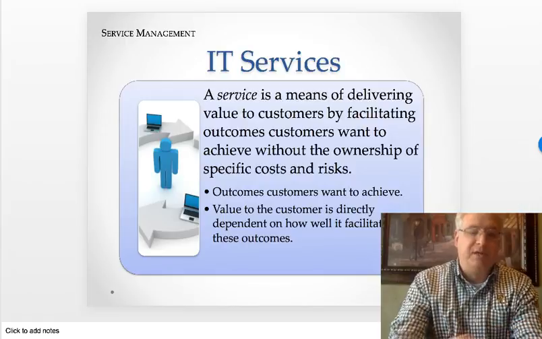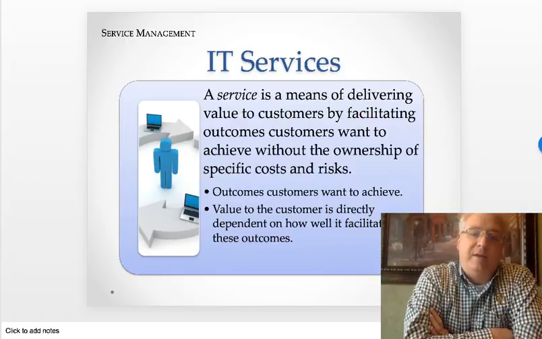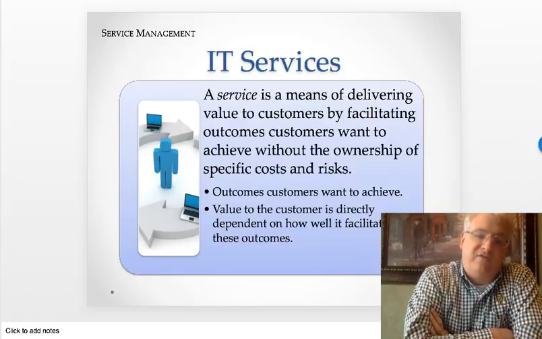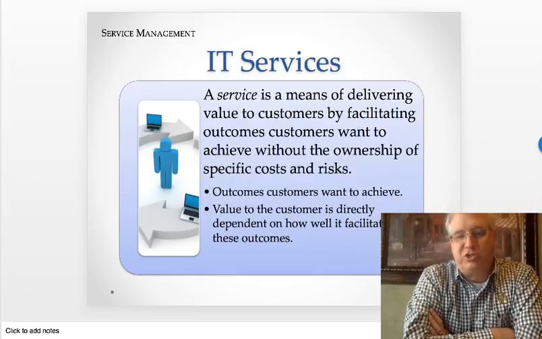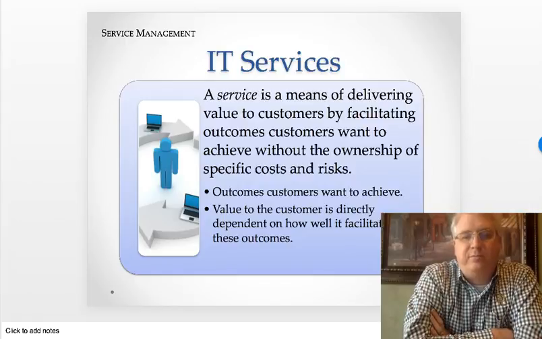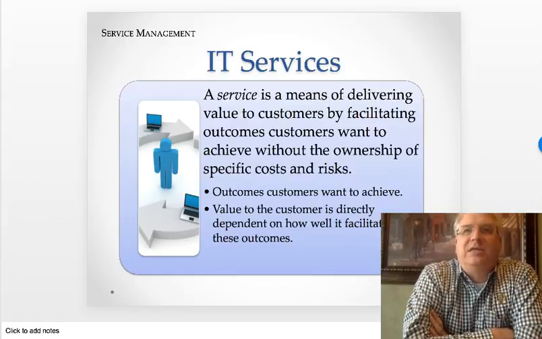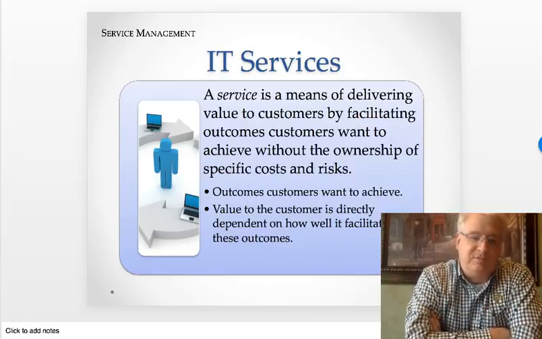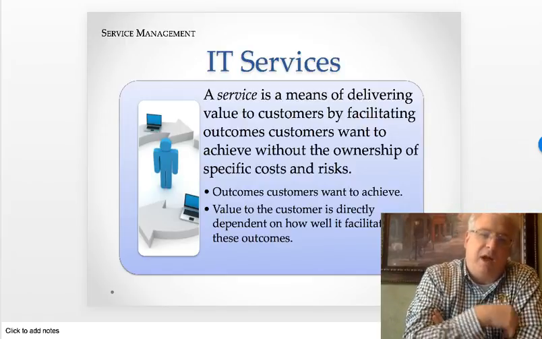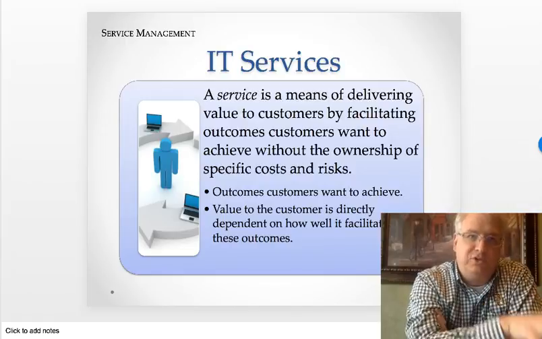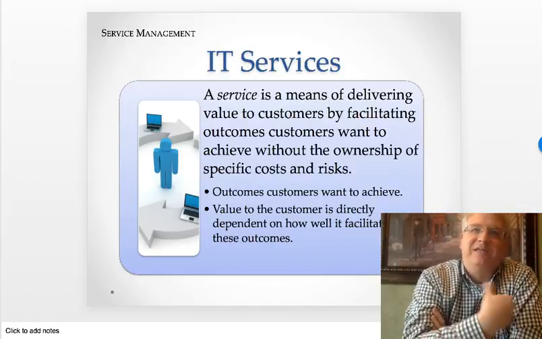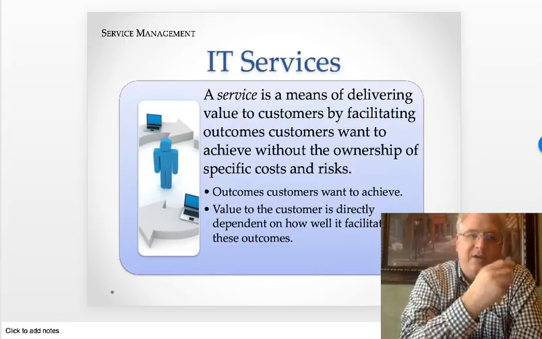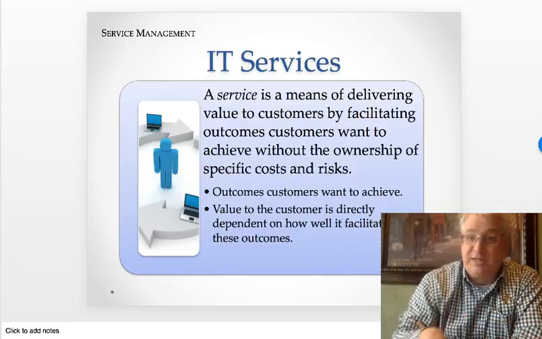Something interesting about this concept of value is that value is always determined by the customer, not by the service provider. So I don't get to say to my organization, I am bringing great value to you. The organization gets to look at me and say what you're doing is of value or it's not of value.